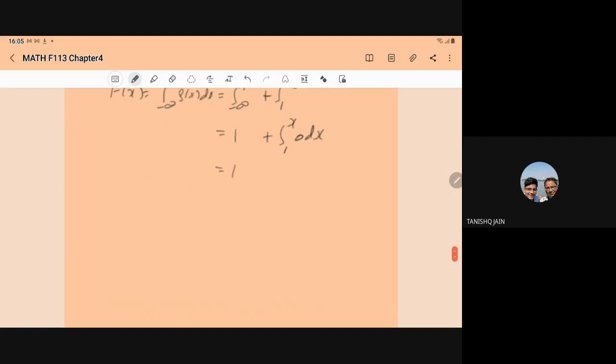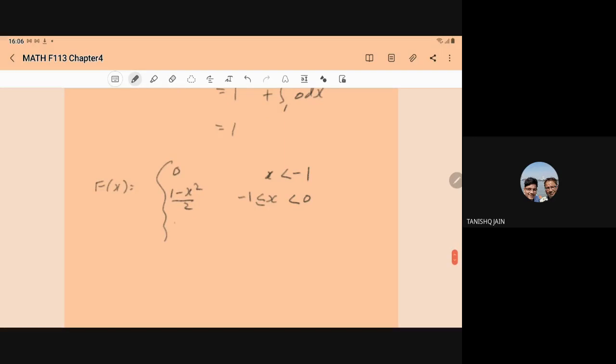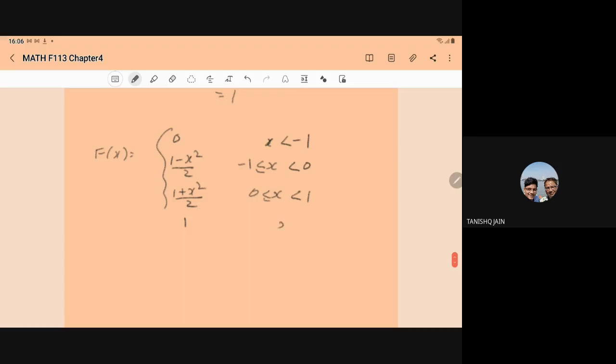So in this case you can see F(x) is 0 when x is less than -1, 1 minus x square by 2 when x is greater than or equal to -1 but less than 0, 1 plus x square by 2 when x is greater than or equal to 0 but less than 1, and equal to 1 when x is greater than or equal to 1. Right? So this is the correct way to write the CDF.